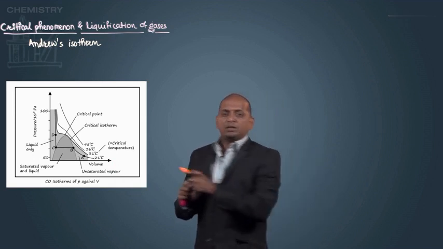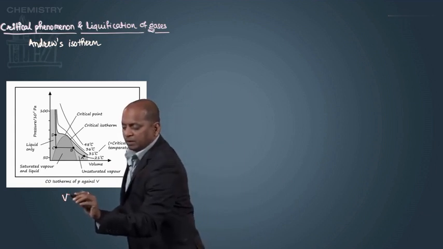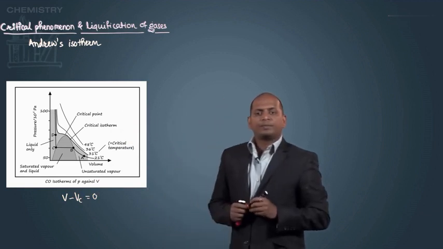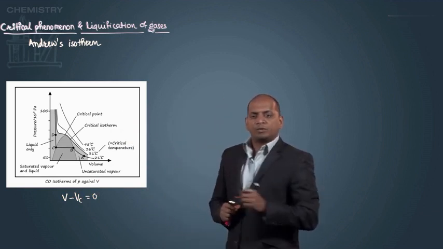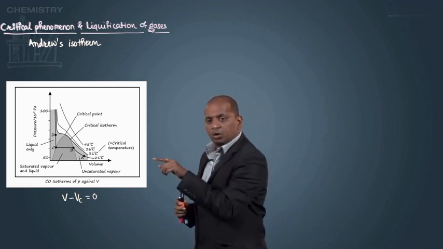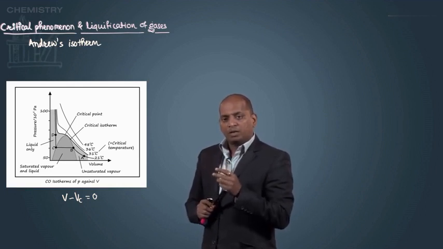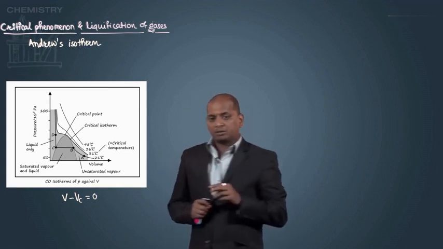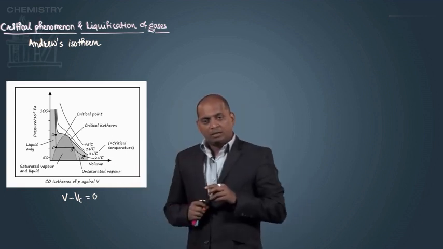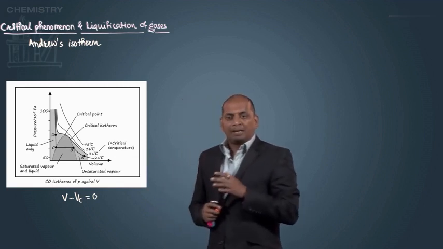From this graph one thing is clear, that V minus Vc is equal to 0, which means V is equal to Vc. If you see at lower temperature, there is more than one volume at a particular pressure. At a very low temperature the line becomes almost parallel.